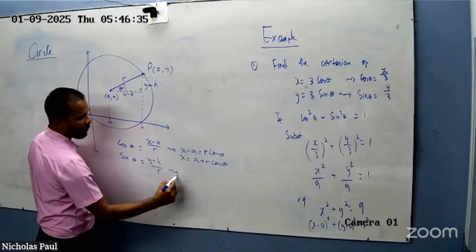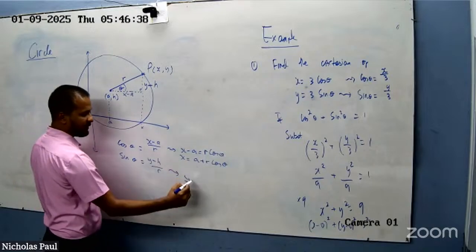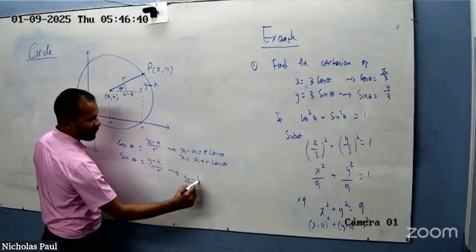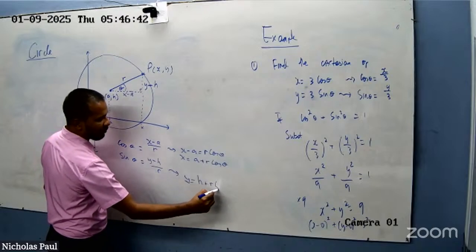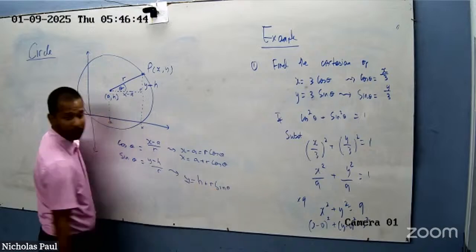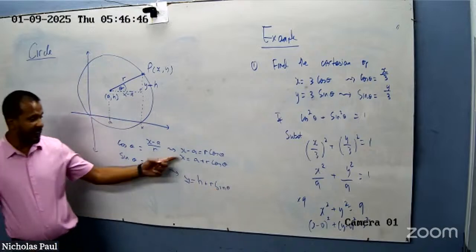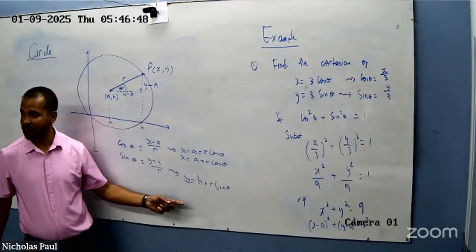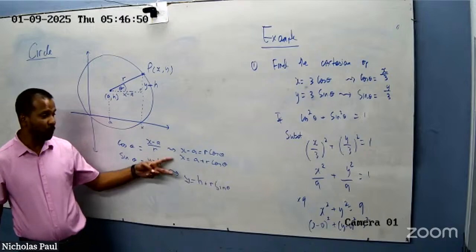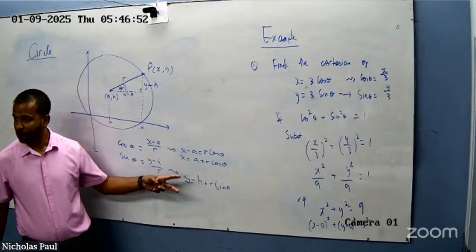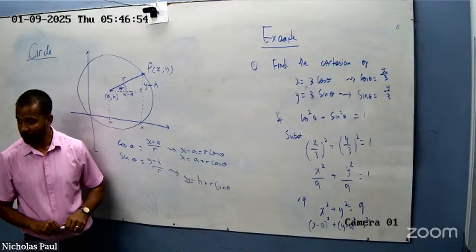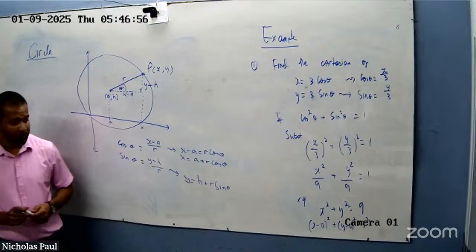When you make y the subject, you'll get something very similar: y is equal to h plus r sine theta. All right? So these are the two parametric equations of a circle. These are the two forms that you do. That's okay?